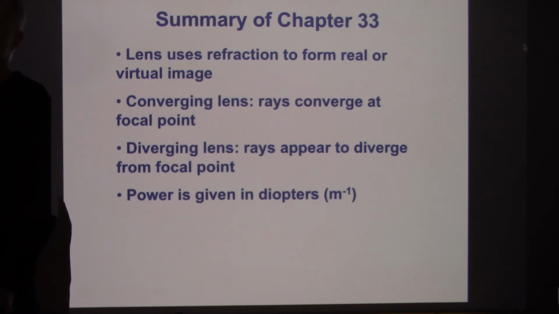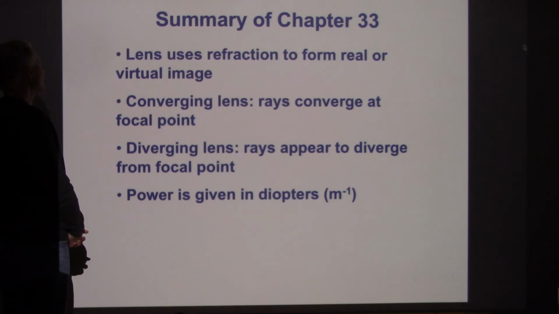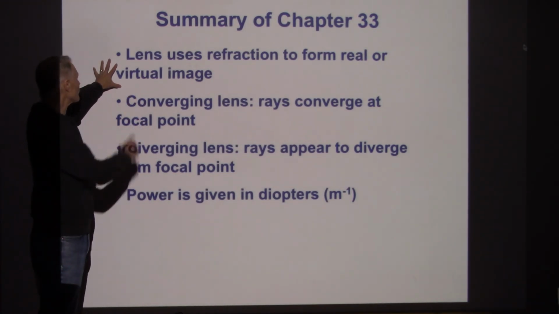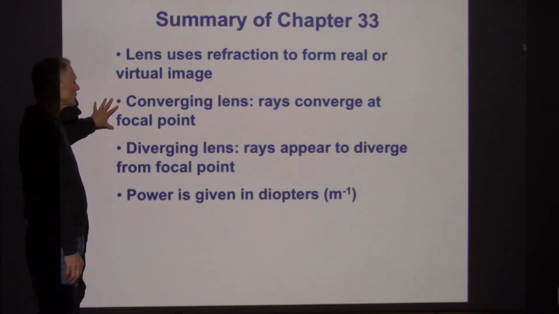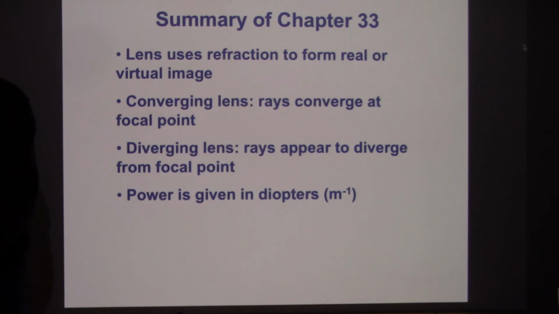We've done a lot in this chapter. I was a little concerned that we might run over, and now I'm thinking maybe we could have taken a little more time. Actually, we're just about at time here. So anyway, going back over the stuff, is there anything useful in this summary? Lenses are based on using refraction, converging lenses, diverging lenses. Powers of lenses are in diopters.